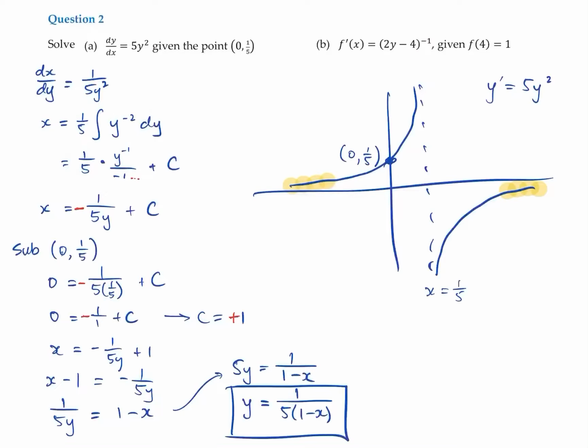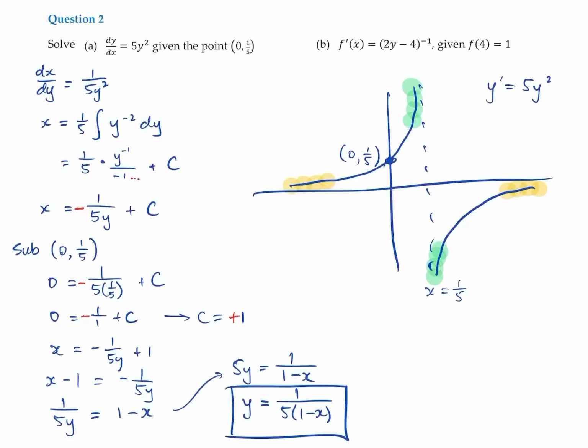And if we look at some large values of y, whether positive or negative, then 5y squared is also a large value, and so the gradient is a large positive value, and it's very steep there. So with differential equations, when we look at a graph, we're looking much more at what the gradient of every part of the graph is and not what the y values are. It's a change of thinking.